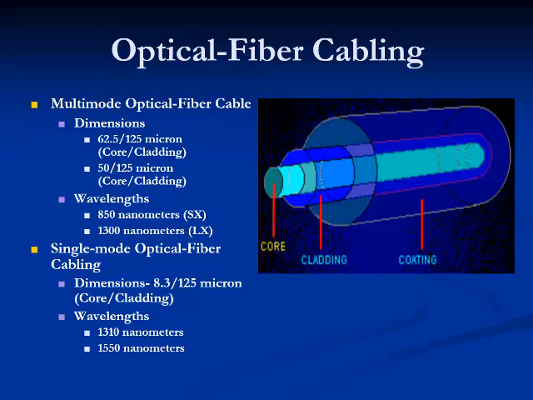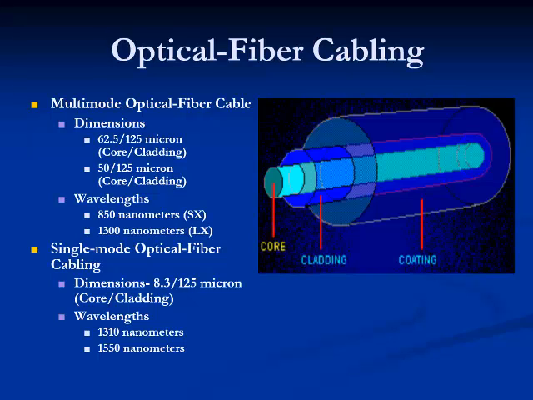The TIA 568 standard permits both single-mode and multi-mode fiber cables. Horizontal cabling systems are specified to use either 62.5 or 50 micron, 125 multi-mode cables, whereas backbone cabling may use either multi-mode or single-mode optical fiber cable. Fiber optic cable is referred to as either single-mode or multi-mode.